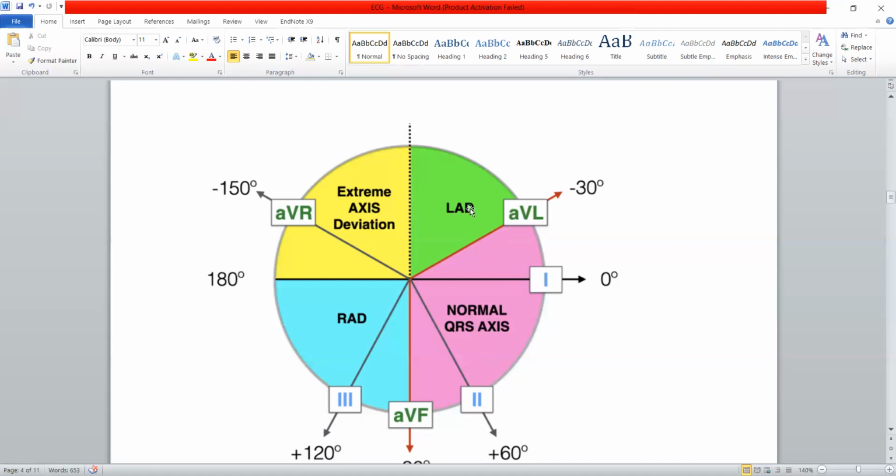Now we look at lead 1. The QRS complex is negative in lead 1 and negative in lead AVF. Now tell me, where will the axis of the heart be if the QRS complex in both leads, lead 1 and AVF, is negative? What does it mean? Where does the cardiac axis lie if both of the QRS complexes are negative?